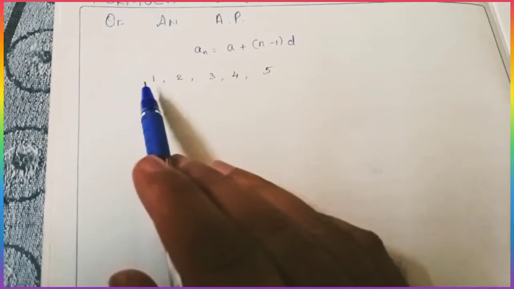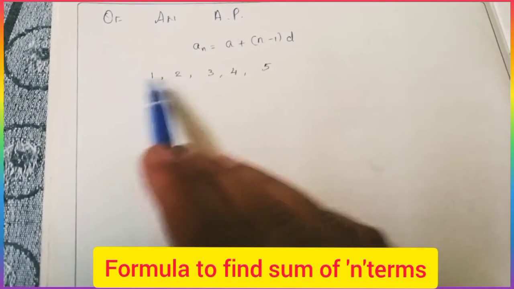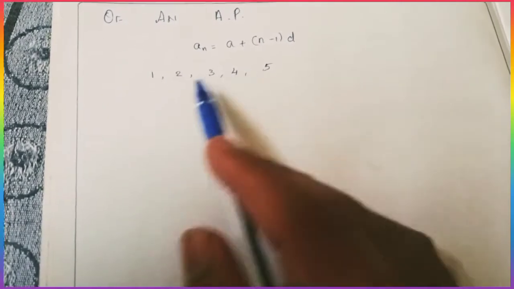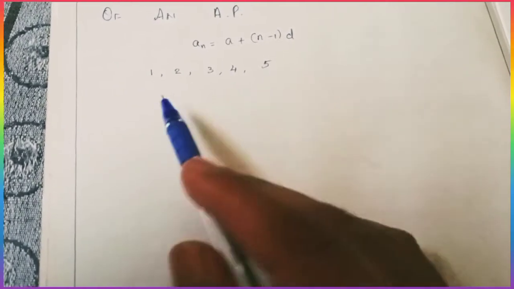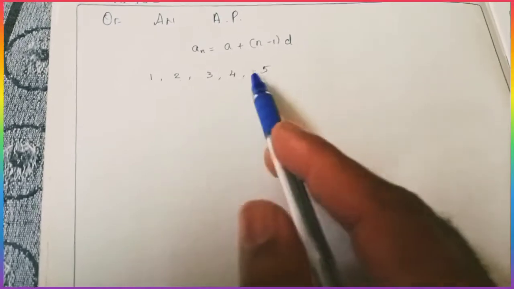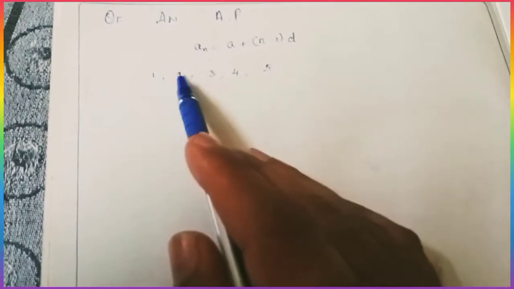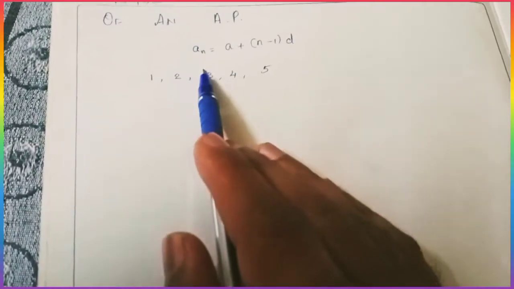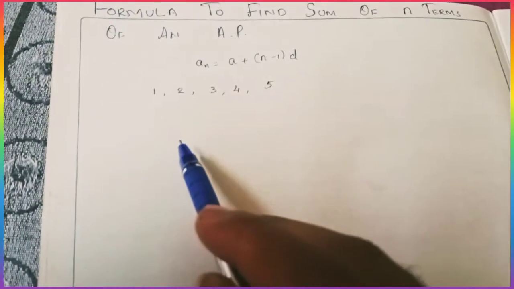Until the last video, if someone asked us to find the 10th term, the 15th term, or the second term, we used to find the value of the term by using the formula of a_n. Now what we are trying to learn is to find the sum of the first n terms of an AP.